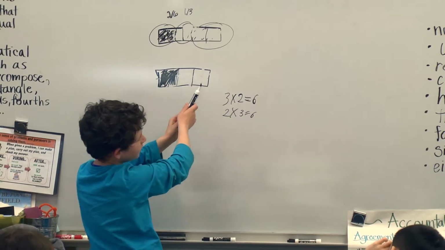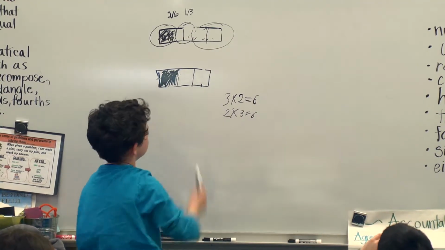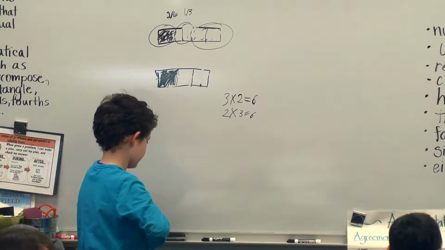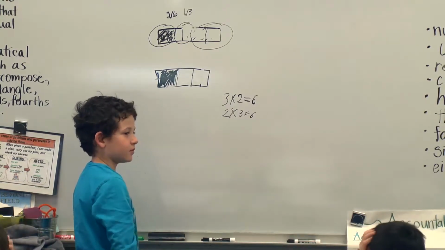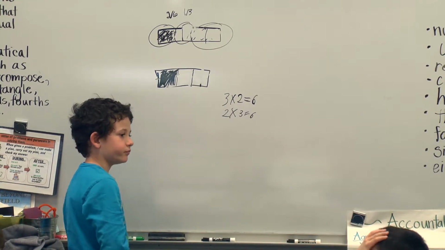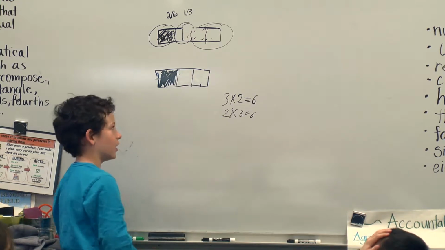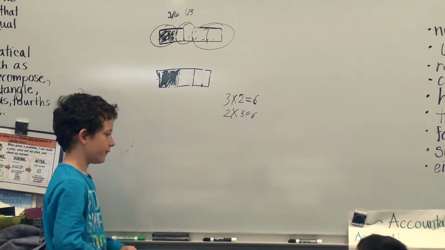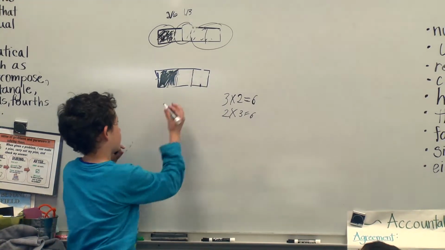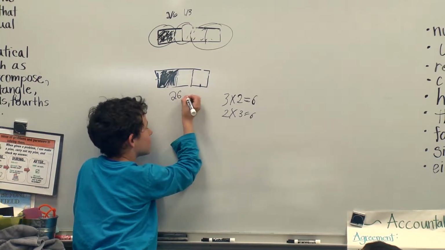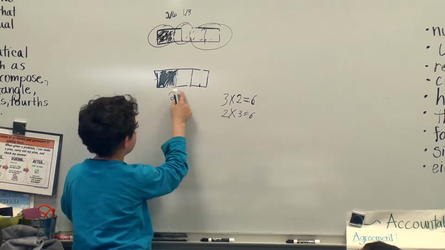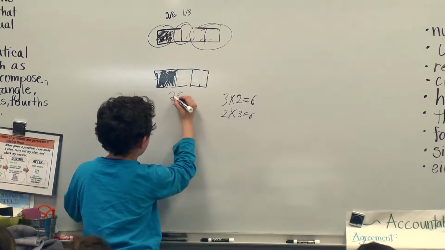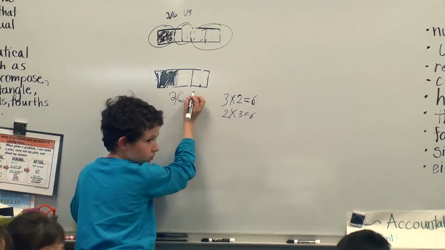So basically, you're splitting the 2 in half and the 6 in half, and then you're erasing the middle line. Why, I'm curious, why did you erase the line? Because when you split it in half, because 2 of the 6.